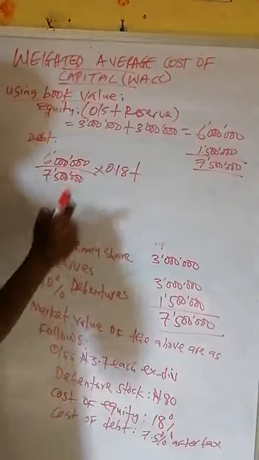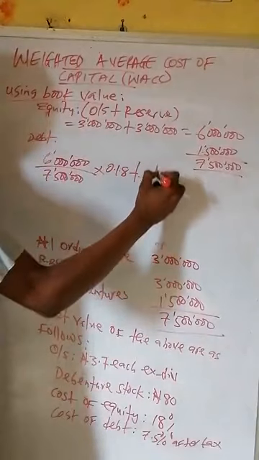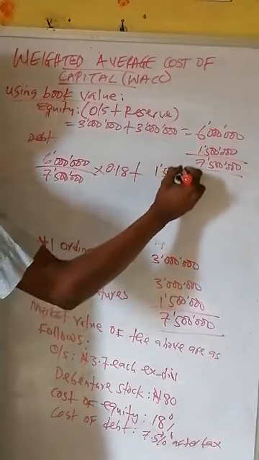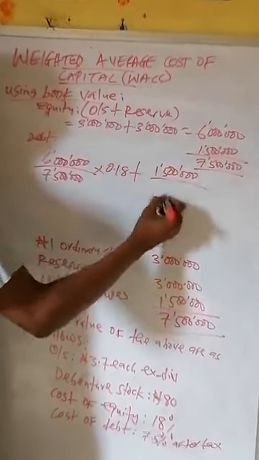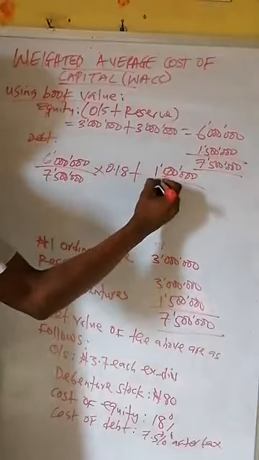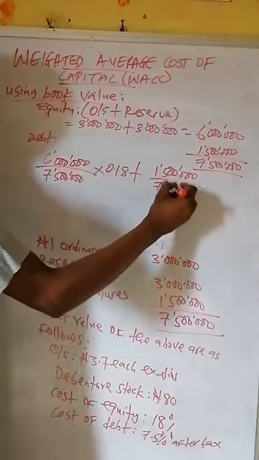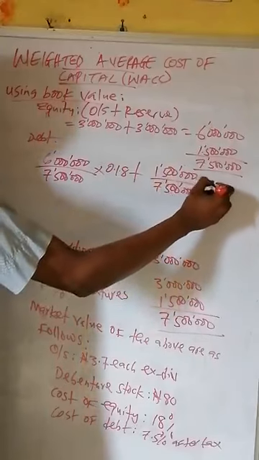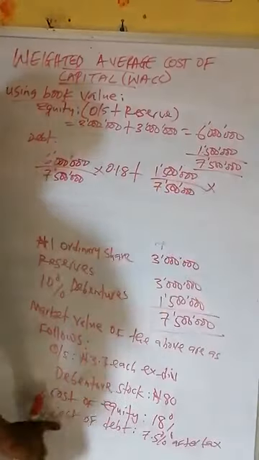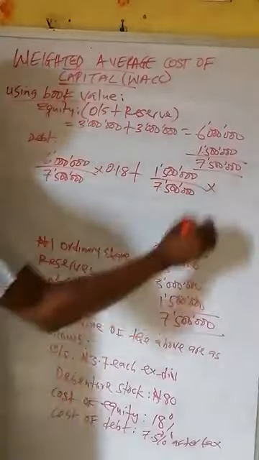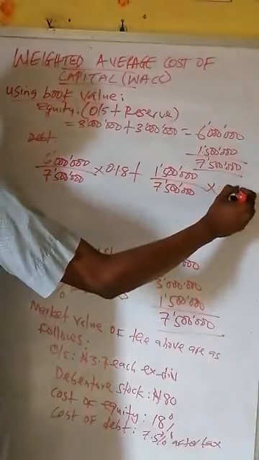Plus the value of debt, 1,500,000, all over 7.5, times the cost of debt. What's our cost of debt? 7.5%, that is 0.075.